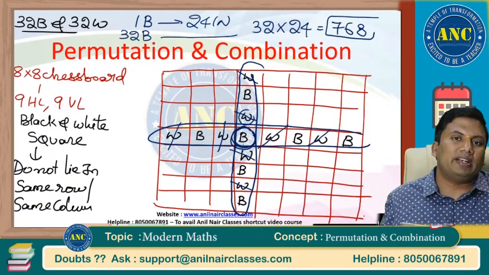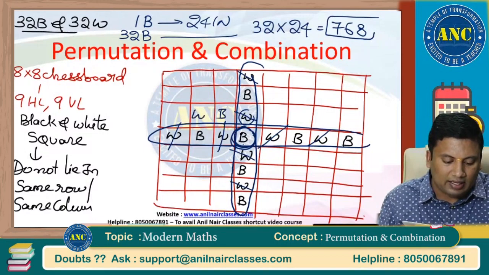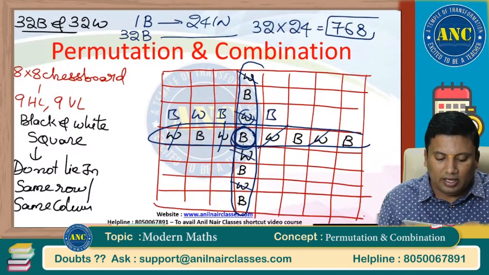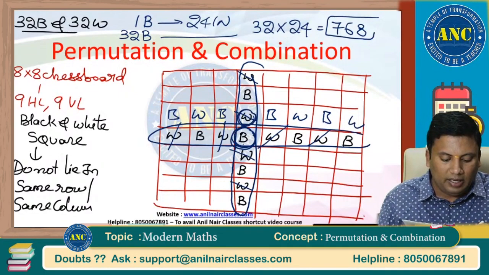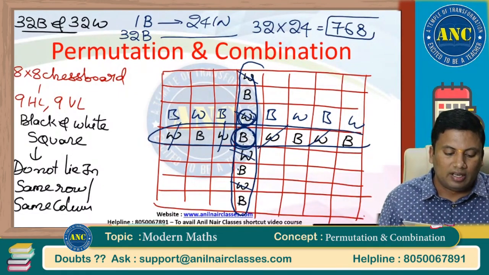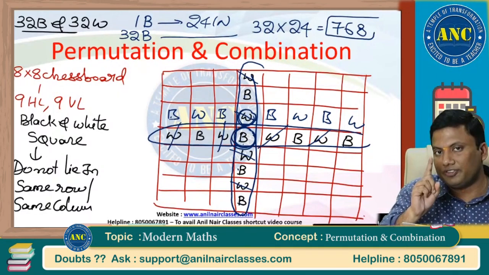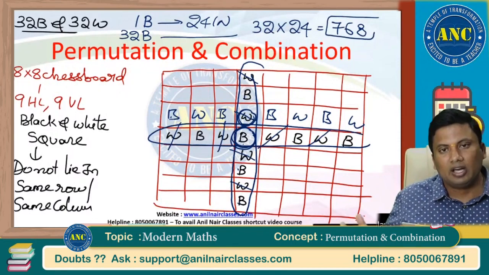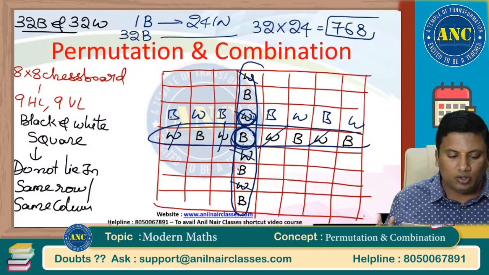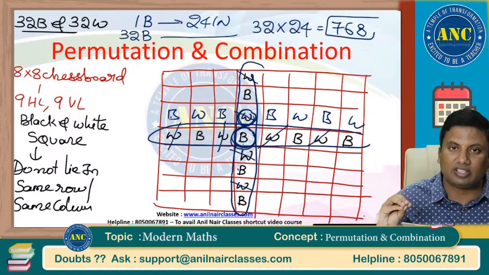If I choose this white, 4 are out, and 4 more are out. 8 blacks are out. So for one white, 8 are out, 24 are remaining. So 24 into 32, 768. So 32 into 24 is 768.